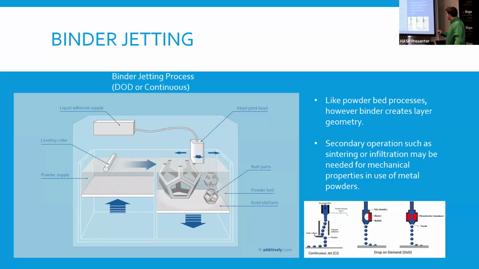Anything in this powdered form that the binder can be put on, it can create. So you can also use like wood or sand, which brings us to the sintering or infiltration portion of the presentation.